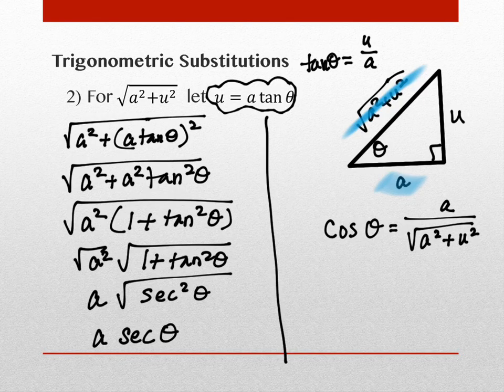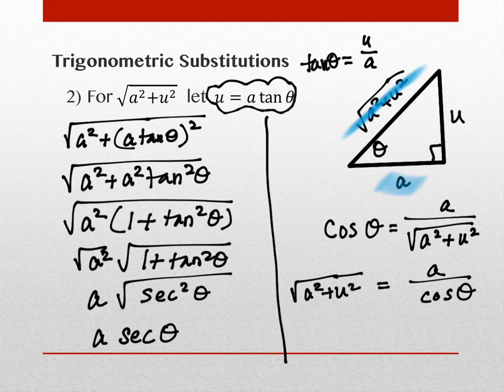So if I solve this, I'm going to multiply by the square root of a squared plus u squared to the other side, and I'm going to divide by the cosine. Is that okay? It's kind of like cross multiplying and then dividing in the same step.